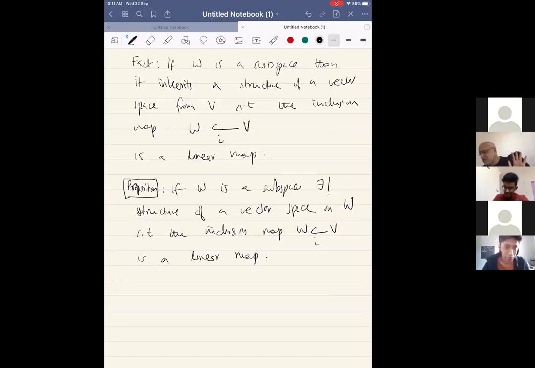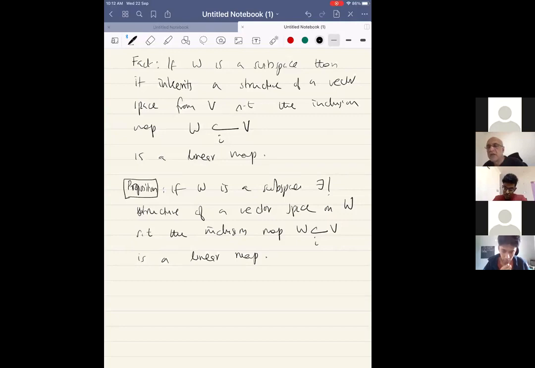We have not yet finished with the proposition. I have not proved the proposition. Before I prove it, I should make sure that you understand it. I put up a mathematical statement which has to be proved. So what does the statement say? Supposing I am given a vector space and a non-empty subset which is closed under addition of vectors and scalar multiplication.